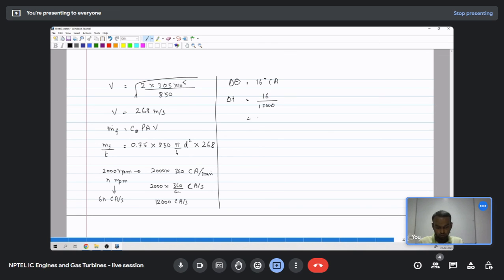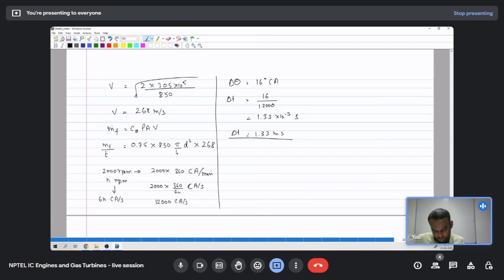So that is 1.33 into 10 power minus 3 seconds, which is 1.33 millisecond. So this means the injection happens over a very small span of 1.33 milliseconds.